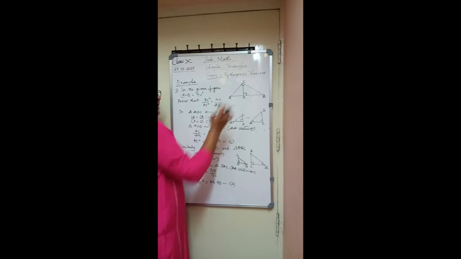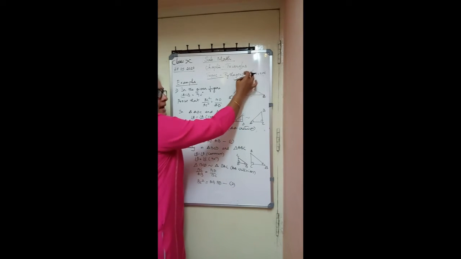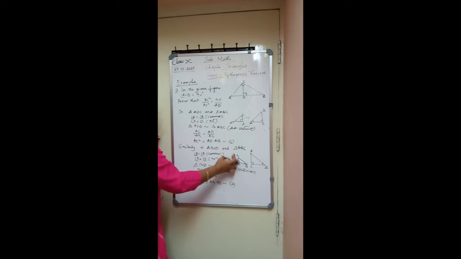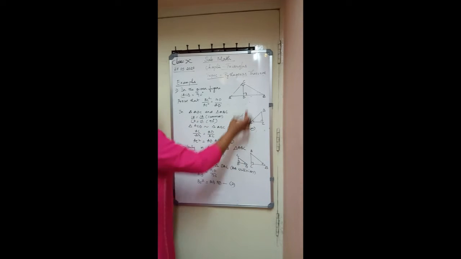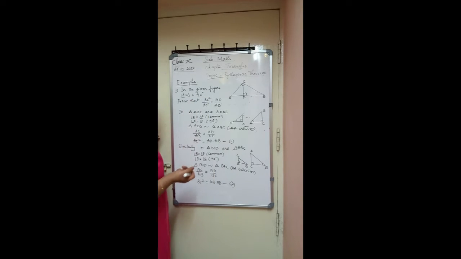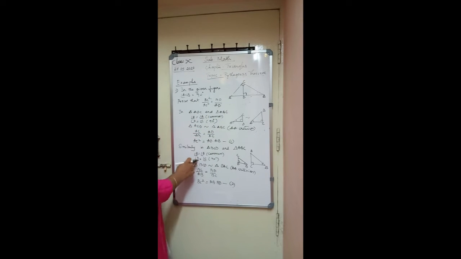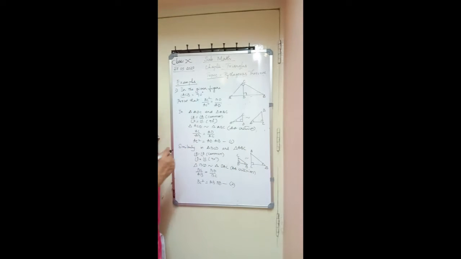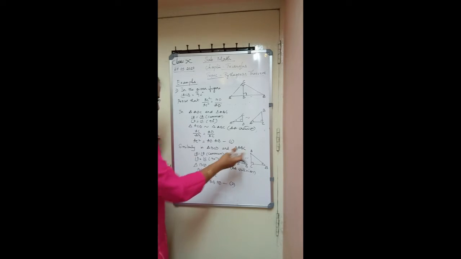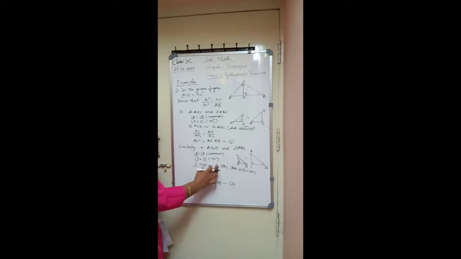Similarly, take another pair of triangles, BDC and ABC. Once again angle B is common for both the triangles. Angle C equals angle D, 90 degree. So again by AA criterion, these two triangles are similar. That is, triangle BCD is similar to triangle BAC.